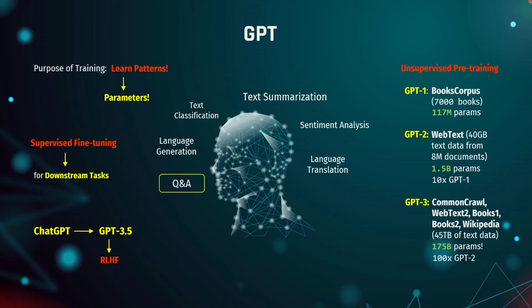Then, when it has a good general understanding, now we have to fine-tune the model with specific examples, right? So that's what supervised is. We show it specific sets of input and output so that we can better fine-tune our model for a specific downstream task. We also provide human feedback to correct our model.